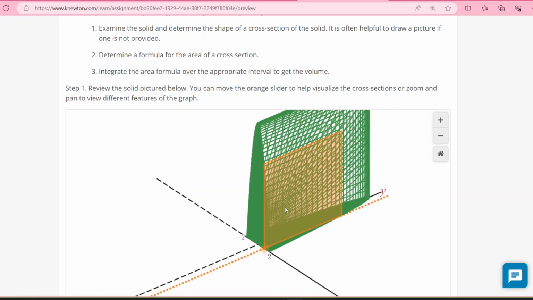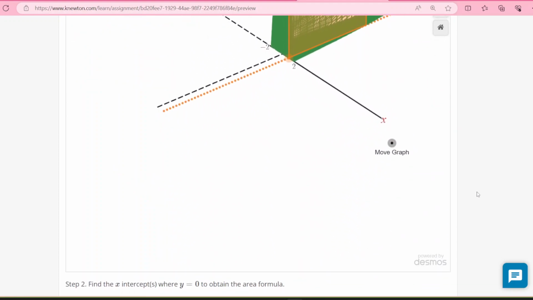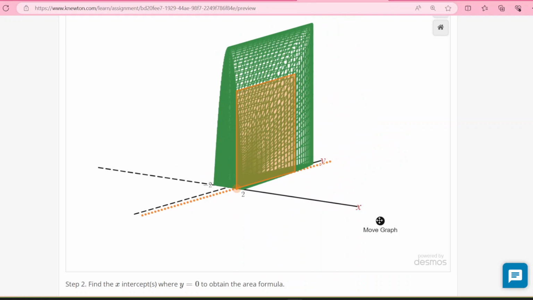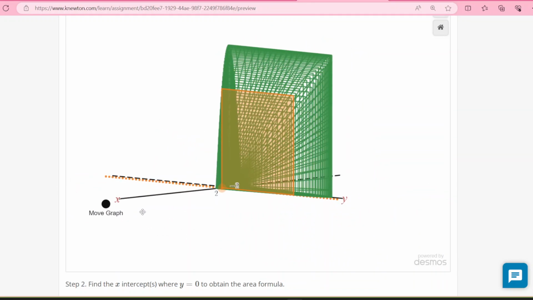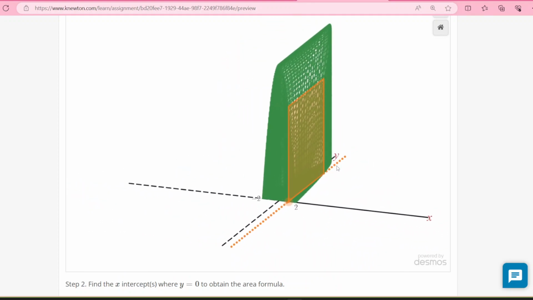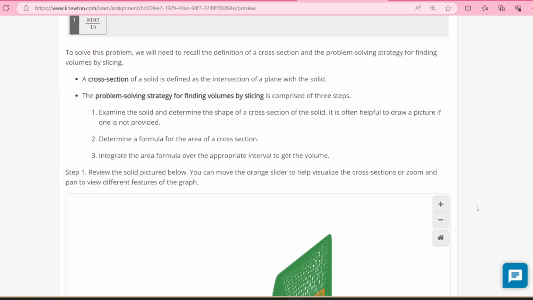Oh yeah, you can zoom. Oh, okay, this might not be bad. Move graph. Yeah, so here's the 3D figure that they're talking about, where they took that region and have square cross sections perpendicular to the x-axis.